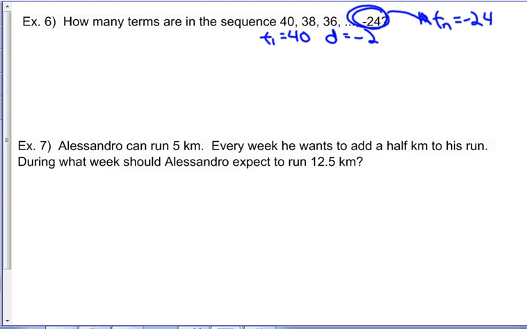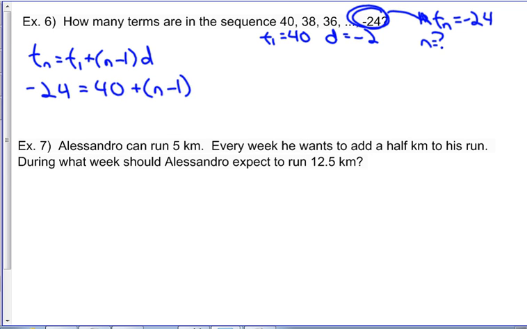And the thing we want to find, it's asking us how many terms. What is n? So I'm going to write down the formula, which once again is given to you. And we're going to solve for n. Tn is negative 24. T1 is 40. Plus n minus 1 times d, which is negative 2.